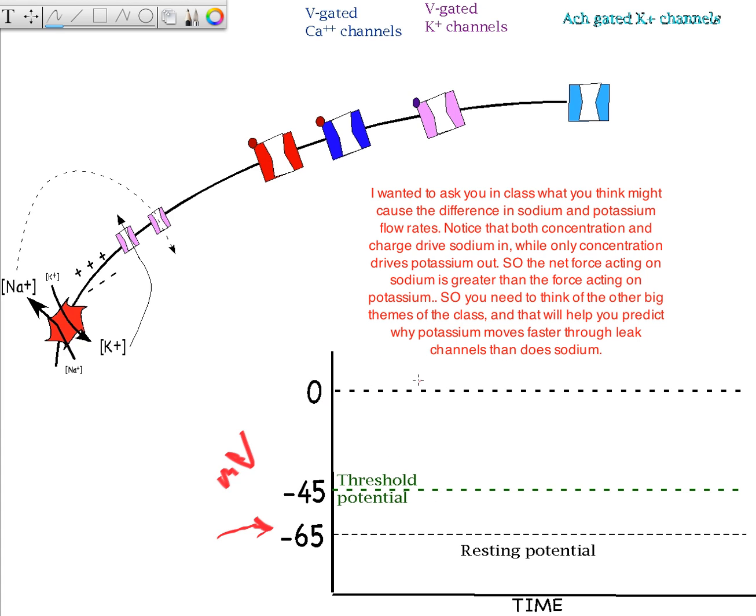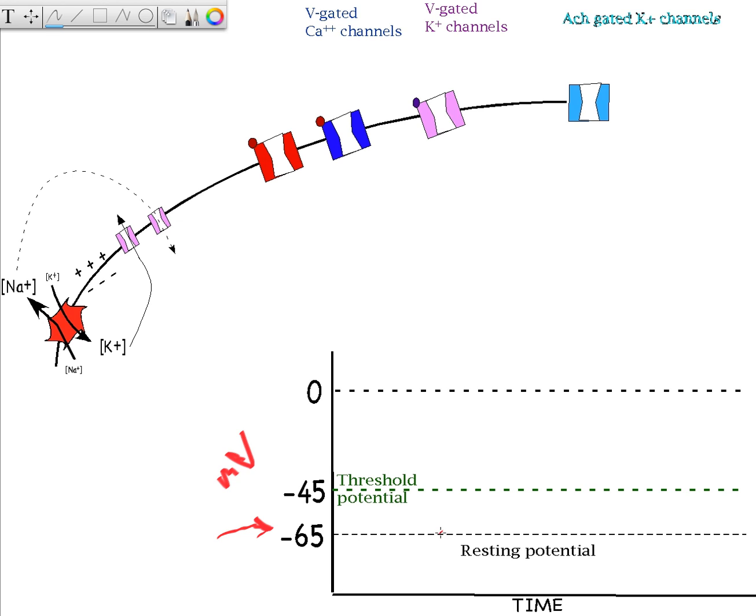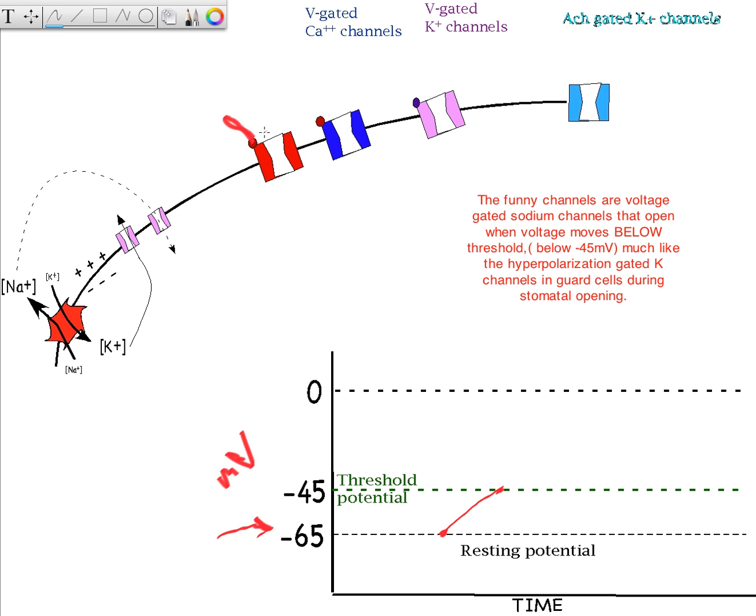The pacemaker cells do not stick around. They don't rest. So resting potential is kind of a misnomer for this one cell type because whenever the cell reaches resting potential, it happens to be changing membrane potential, moving from resting potential to threshold potential because of the activity of the funny channel. The funny channel is letting sodium in. Why is the funny channel open?